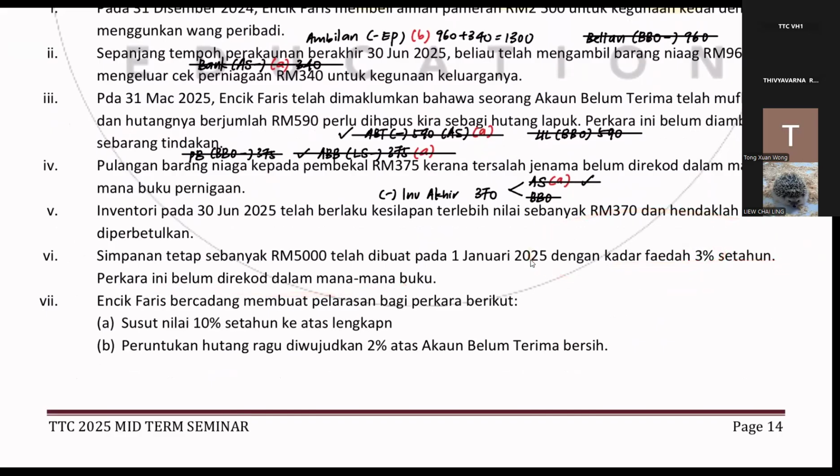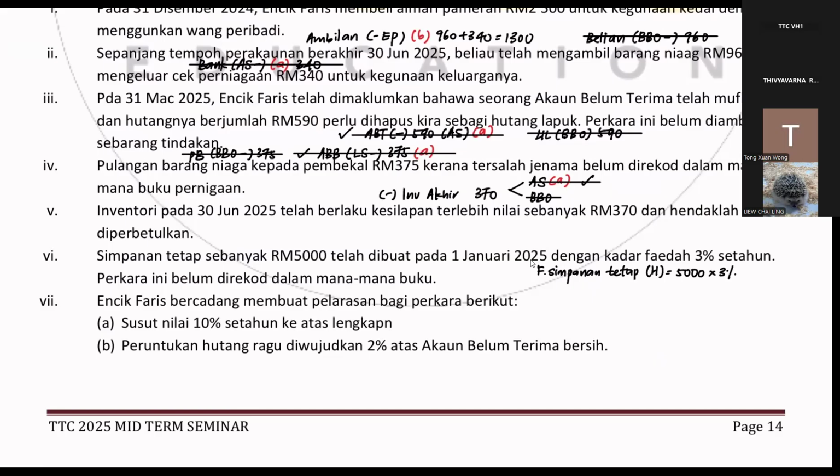Okay, let us calculate as usual. Faedah simpanan tetap. Since we are going to receive the faedah, right? Hasil or belanja? Hasil. Okay. 5,000 times 3%.